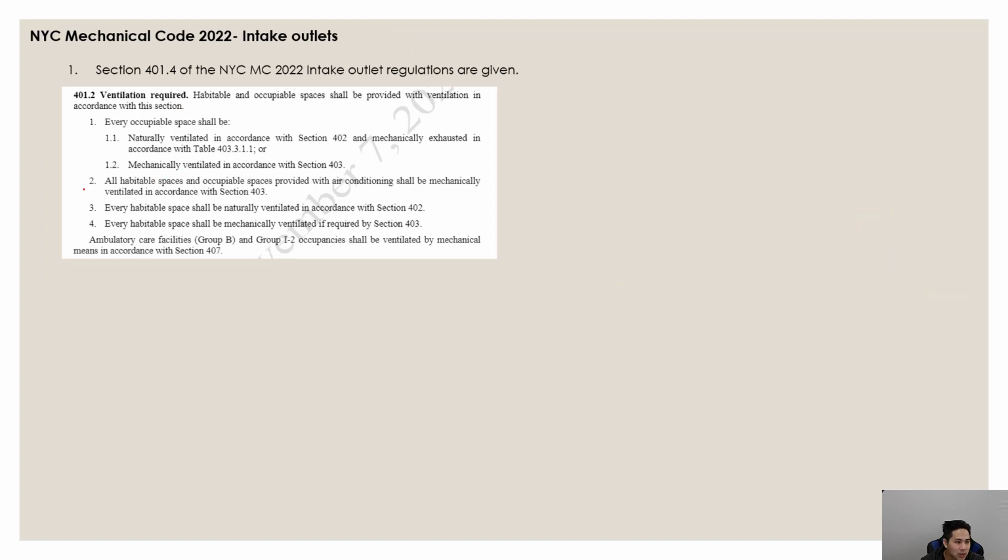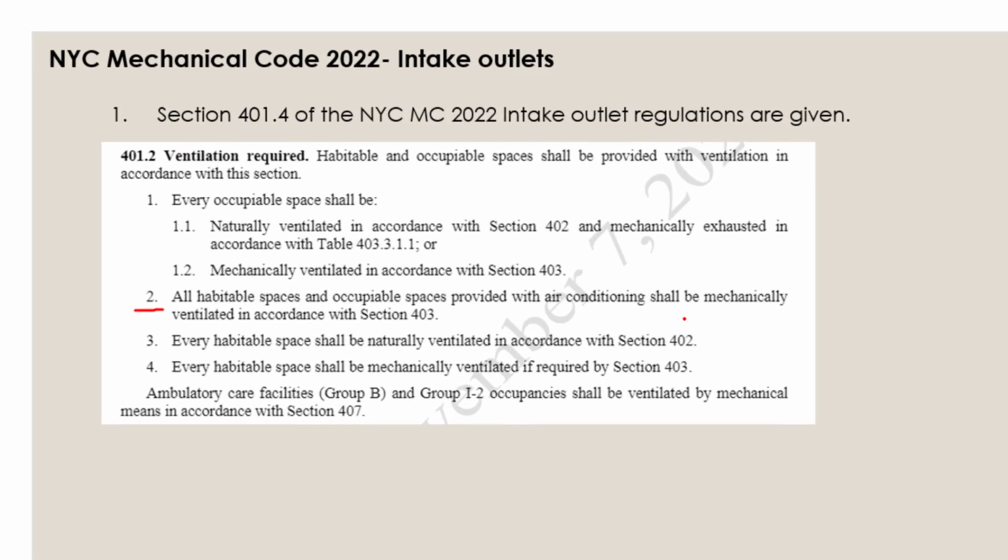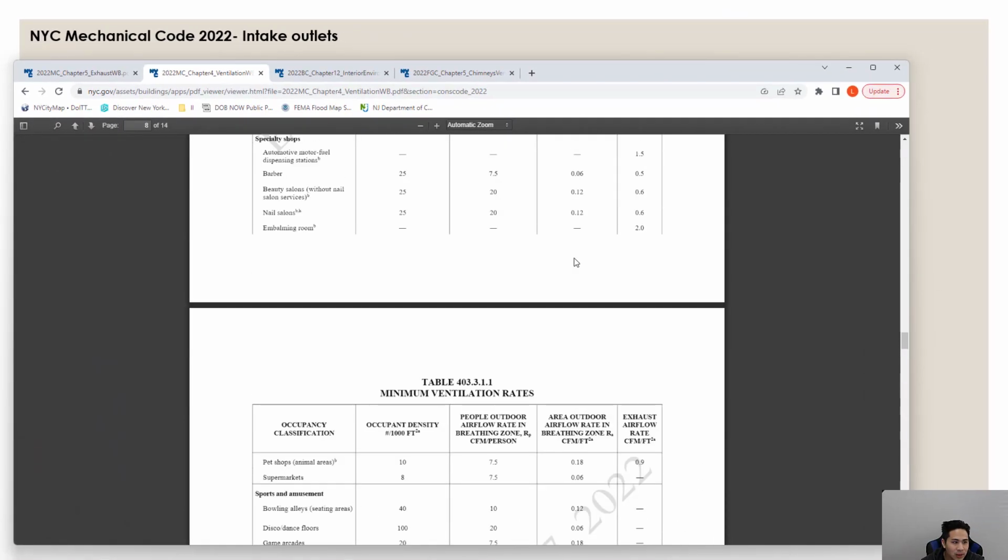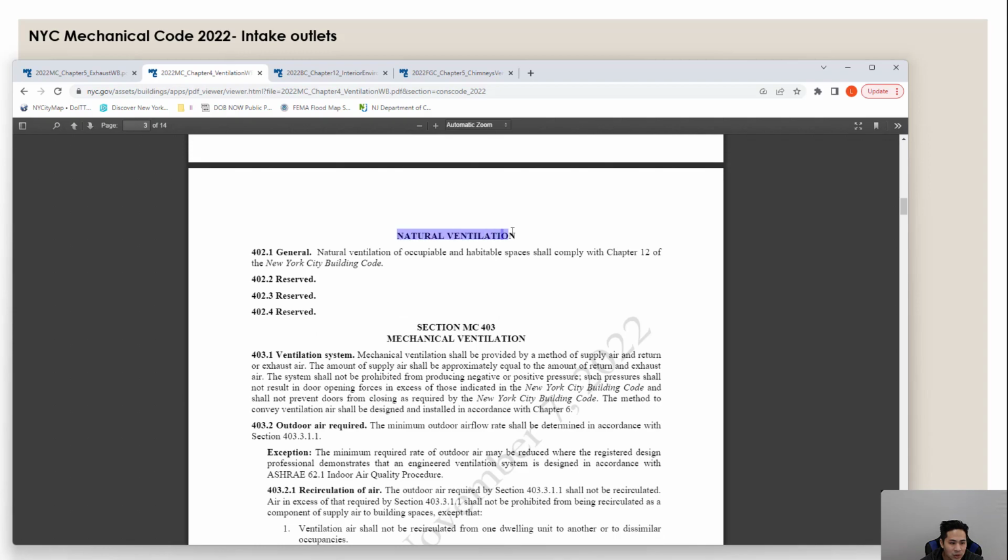Now the next point, 2: all habitable spaces and occupiable spaces provided with air conditioning shall be mechanically ventilated in accordance with section 403. Every habitable space shall be naturally ventilated in accordance with 402. And when you look at 402, that's the section on natural ventilation.